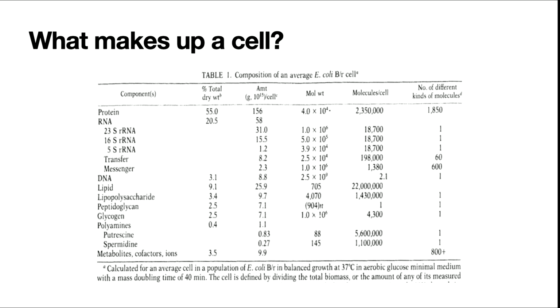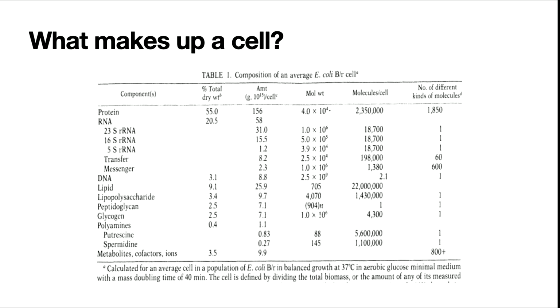And you can imagine that you can start making tables of these. This is E. coli, a particular strain, growing at 37 degrees in aerobic glucose minimal medium, so with minimal salts needed to grow, glucose as the main carbon source, and with oxygen, okay?